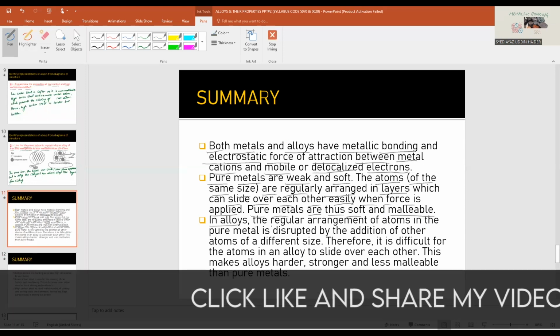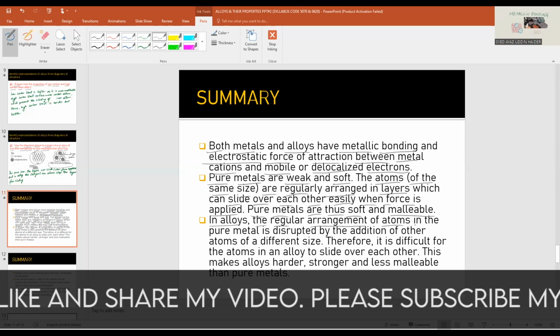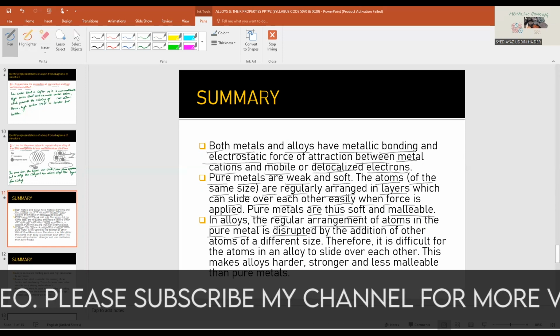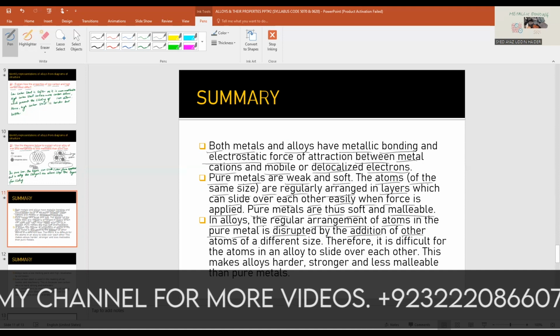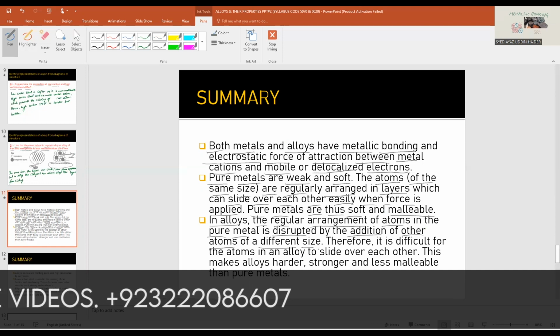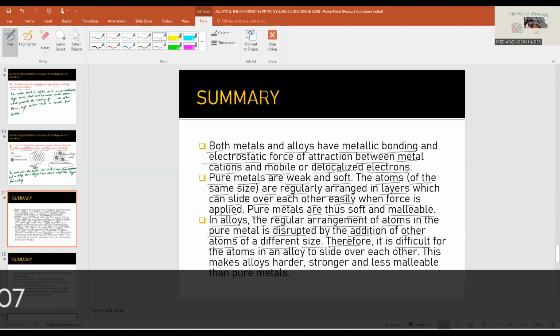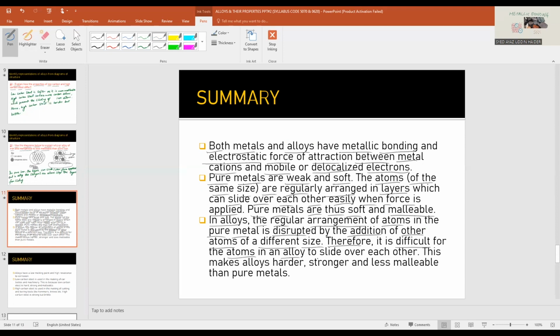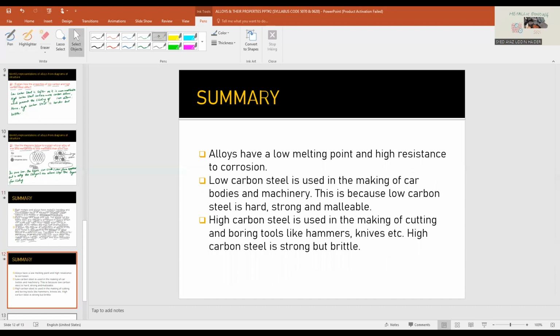In alloys, the regular arrangement of atoms in the pure metal is disrupted by the addition of other atoms of a different size. Therefore, it is difficult for the atoms in an alloy to slide over each other. This makes alloys harder, stronger, and less malleable than pure metals. Alloys have a low melting point and high resistance to corrosion.